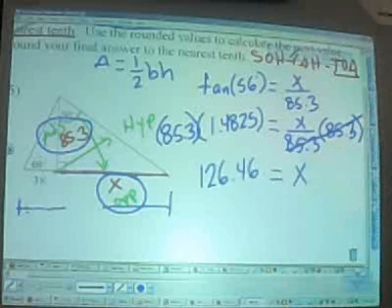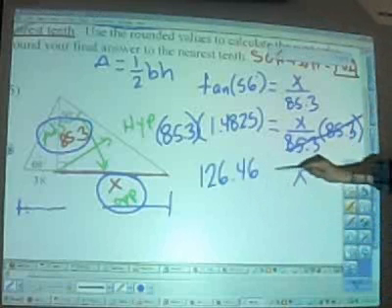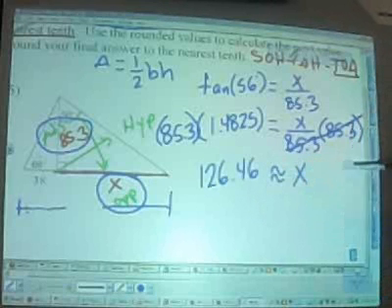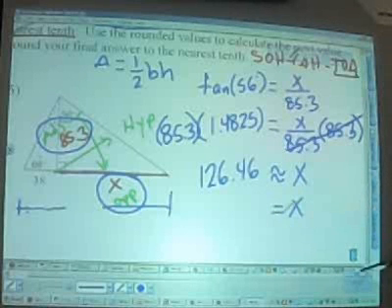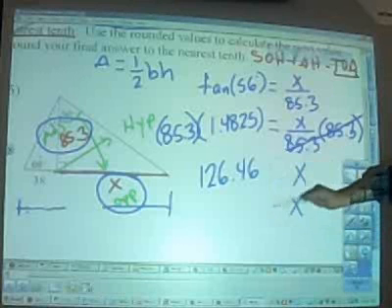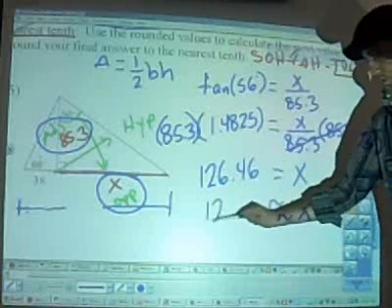126.46. So now we have to round that, right? I probably should have used what I usually call my squiggly equals, my approximate equal sign, all right? What are we going to make it equal to? Oh, my bad. Actually, I switched those, all right? This last one is what we're rounding to, right? So we got 126 point what?